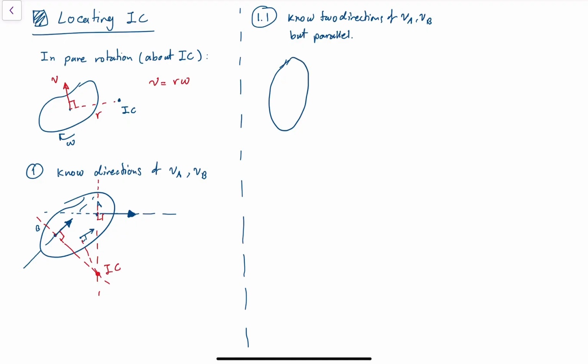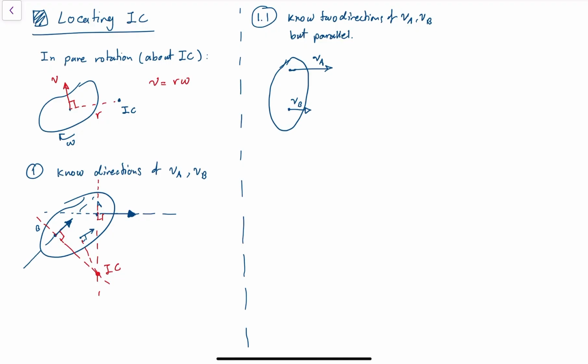So you have a body, VA is this way. Let's make it a bit smaller. You know VB is this big, but they are parallel. Let's make A to be here for the sake of visuals.